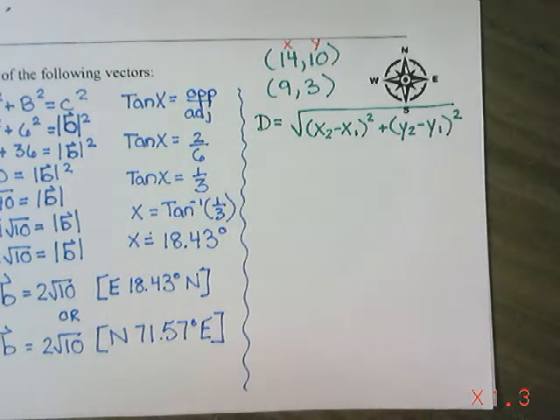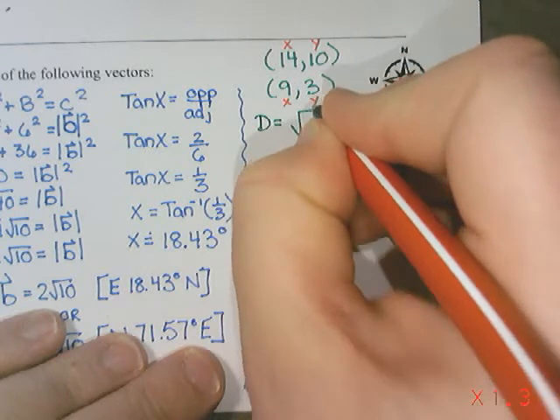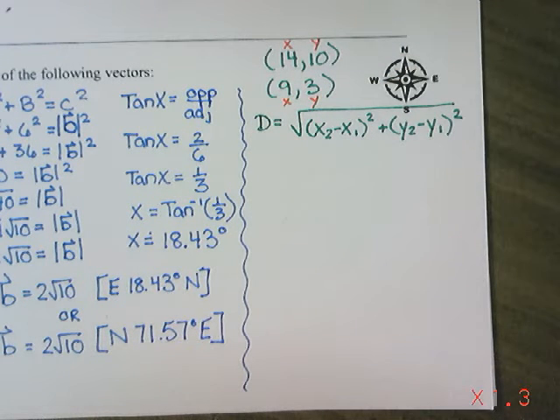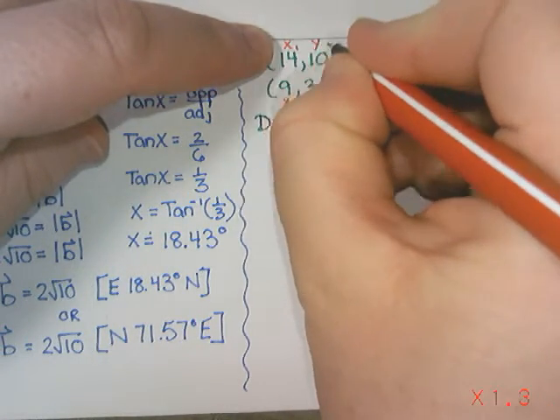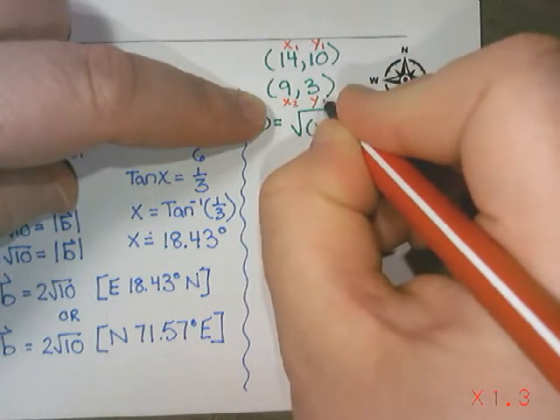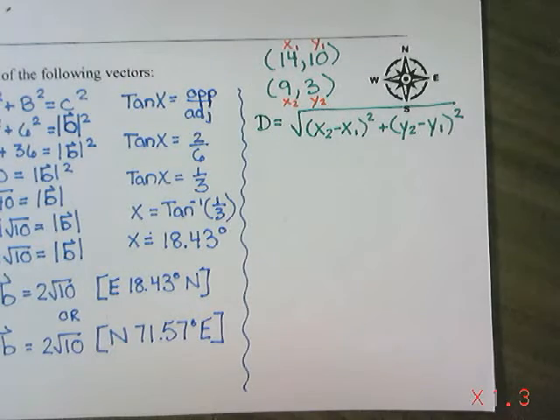So x would be 14, y would be 10, x is 9, and then the y part is 3. You get to pick which one you want to be point 1 and which one you want to be point 2. It doesn't matter. It'll all work out in the end. Because I put it on the top, I'm going to let this be 1 and this be 2. We could swap them, and as long as you're consistent, it doesn't really matter.